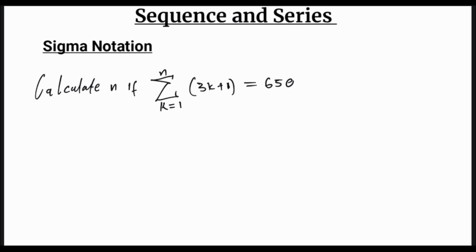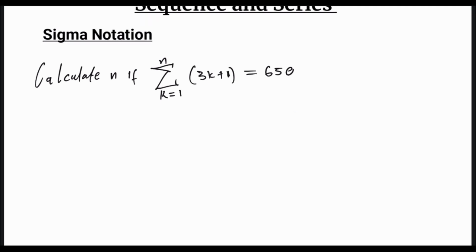This example would want you to understand the sum of the arithmetic sequence series that we have covered in our previous video, and I'll leave the link here. Here we are asked to calculate n if we are given that the sum of 3k plus 1 from k is equal to 1 to k is equal to n is equal to 650, right? So how would it go with this one?